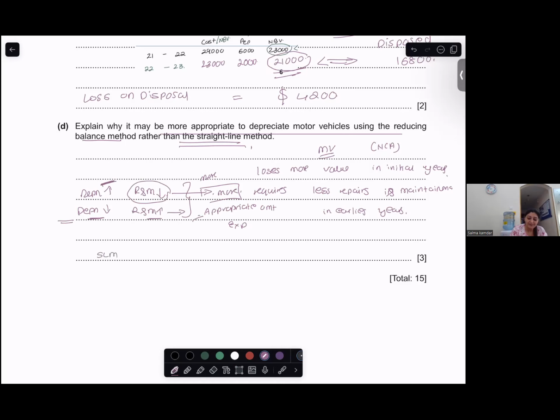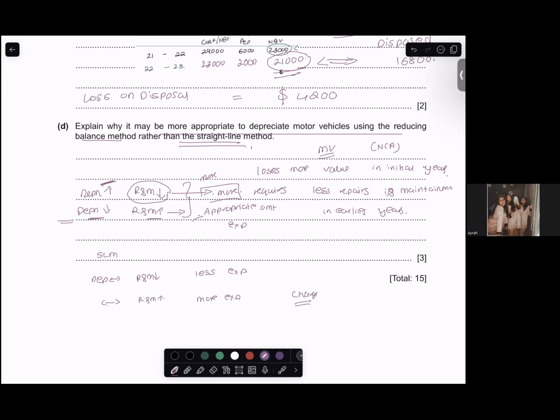But in the straight line method, your depreciation is constant. Repairs and maintenance will be less, so less expense will go. Then again, depreciation is constant, but repairs and maintenance will be more, increasing. So more expense will go. So in the straight line method, your charge on the income statement is not very appropriate. It is not even following the matching concept.